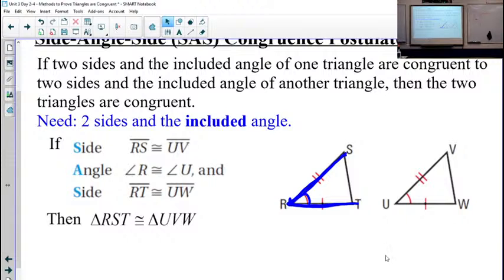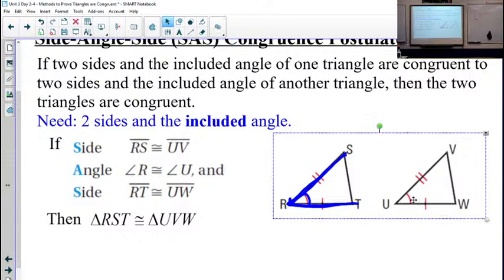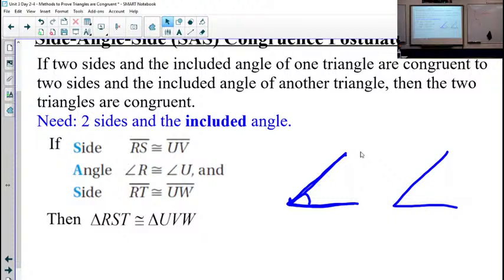Even clearer if I just take away the diagram. So I draw out the two sides, and I'm looking for which angle I want. Well, the angle that I just made, the angle that I want, would be this angle right here. So that can help me see which angle is the included angle.